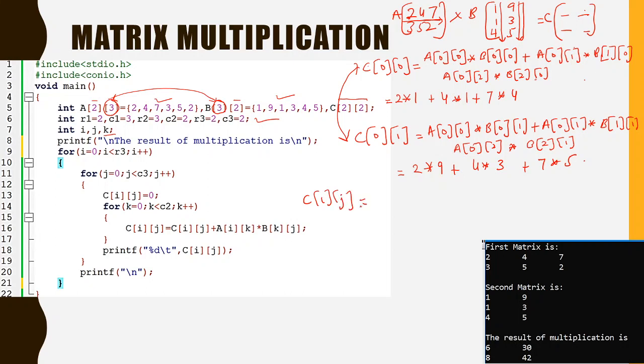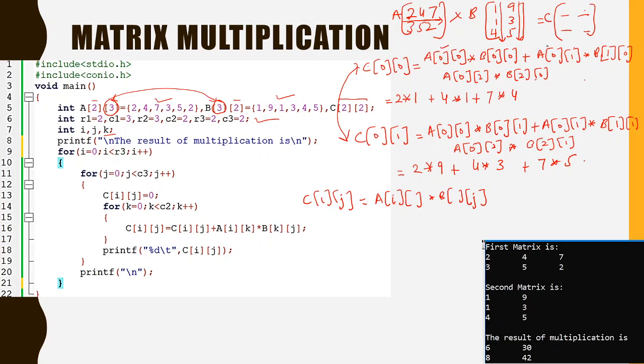you can simply see that if I generalize it, Cij is equal to Ai-something multiplied by B-something-j, because you can see that A's row is always the same as C's row.